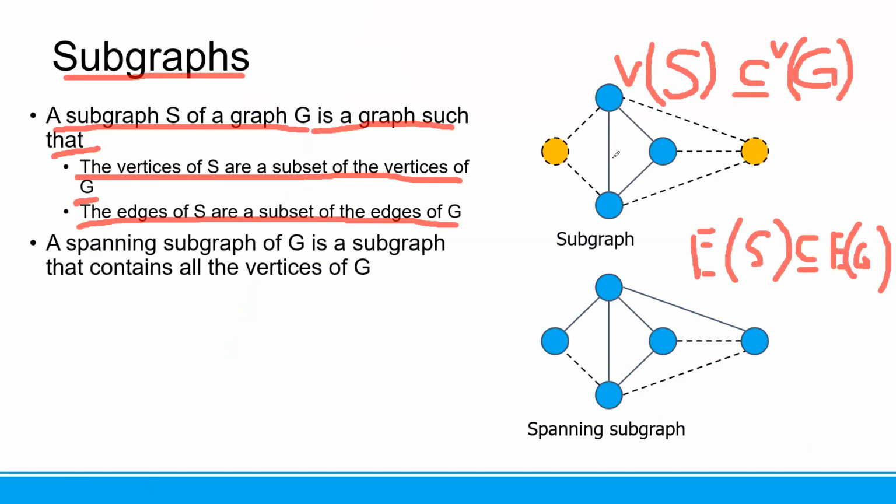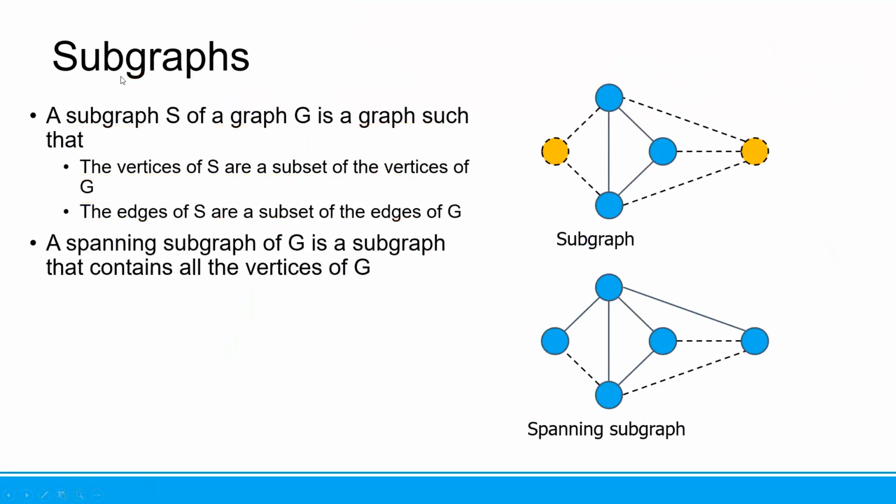So for example, we have a graph. Okay, this is a graph, and the blue color is the subgraph. So the original graph is like this one.